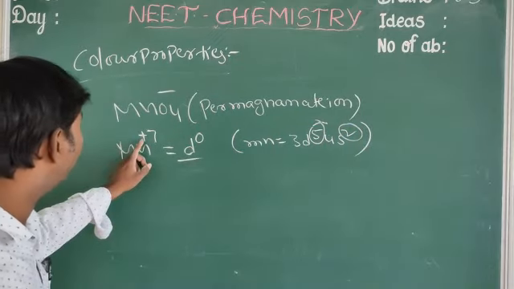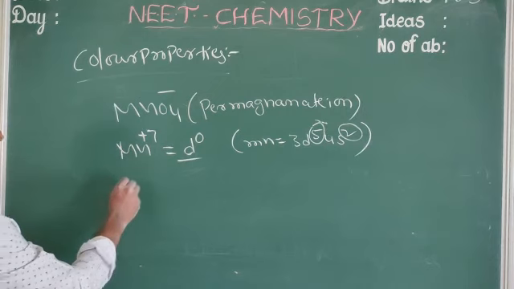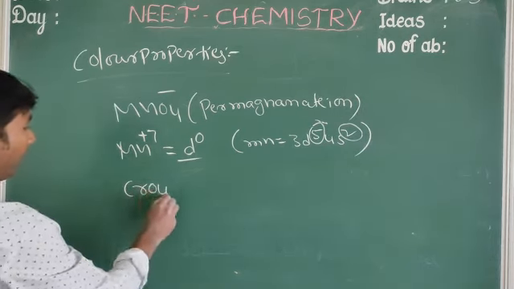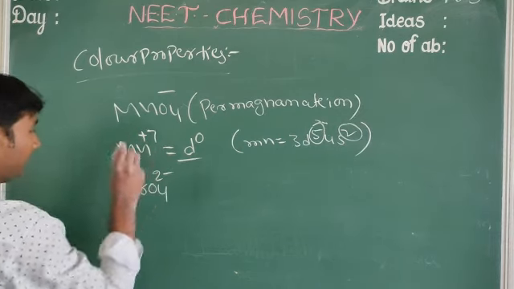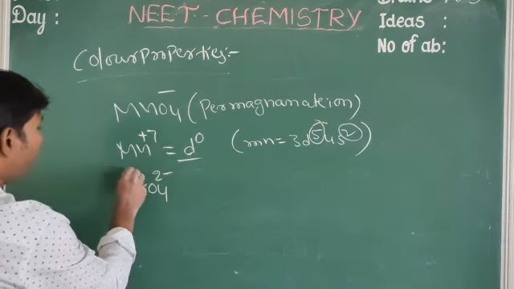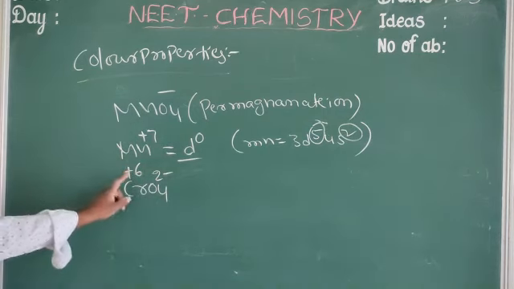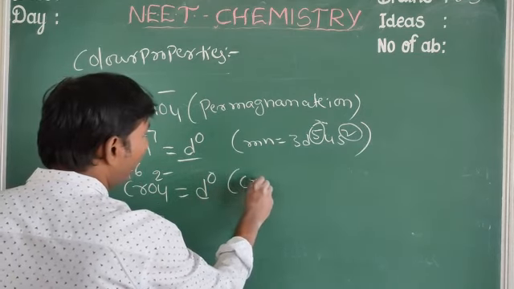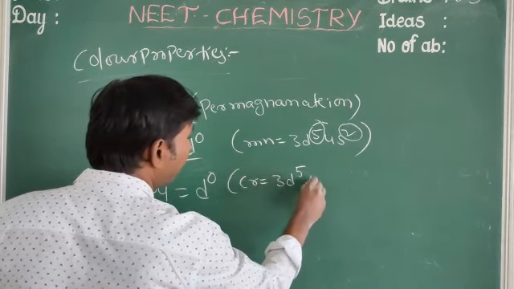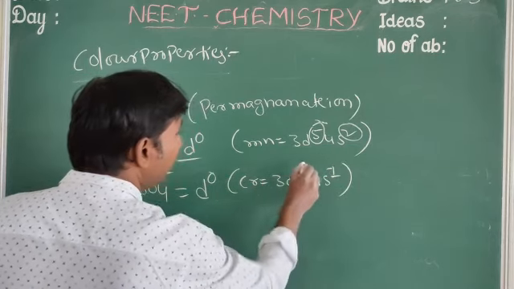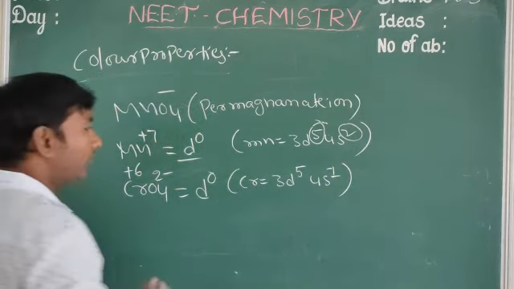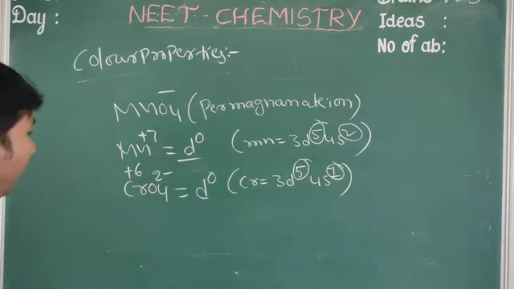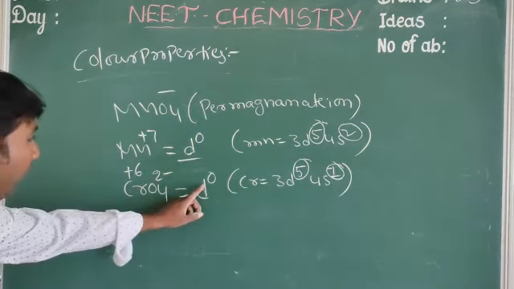That's why manganese +7 equals d0. Then CrO4 2 minus: here the chromium oxidation state is +6. Chromium +6 is also d0, because chromium's configuration is 3d5 4s1, so 5 plus 1, 6 electrons eliminated. So this is also d0.